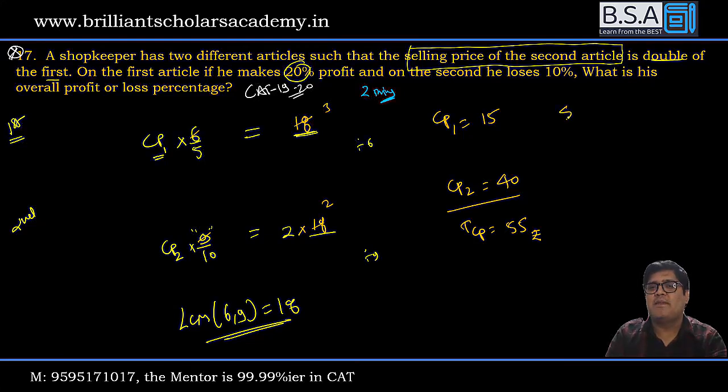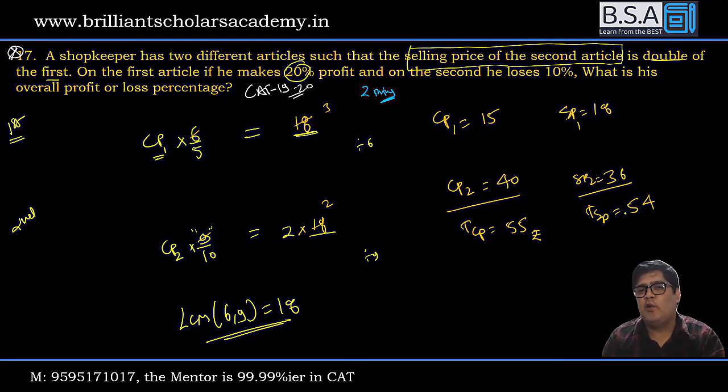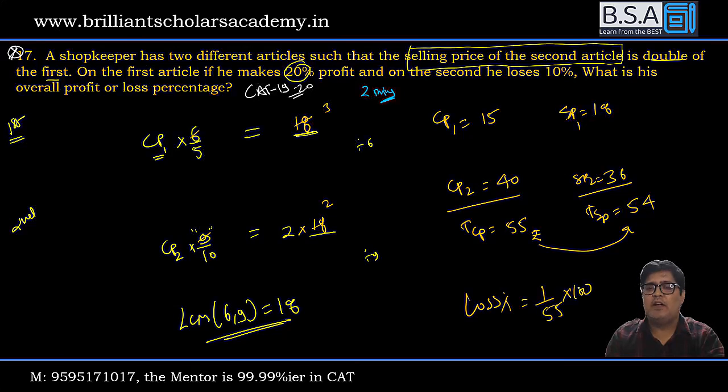What was the selling price? Selling price was 18 rupees and the selling price of the second was double of that, 36. So what is the total selling price? It is 54 rupees. So are you losing money or are you gaining money? You are losing 1 rupee. So there will be a loss percentage of 1 rupee upon 55 into 100.